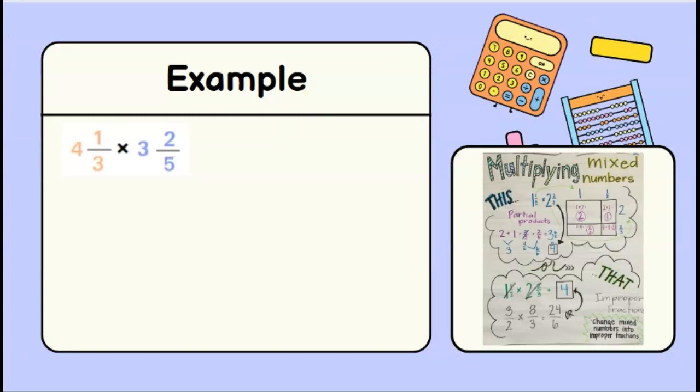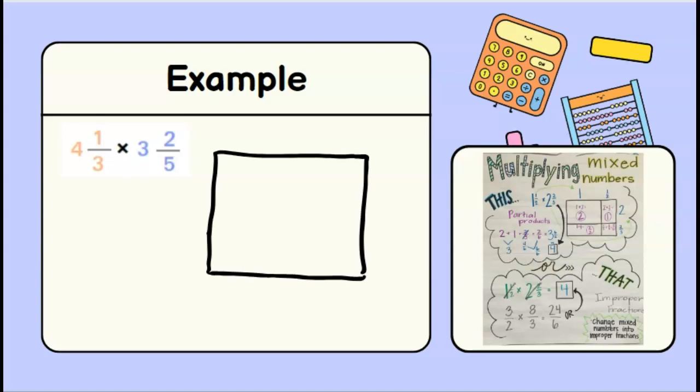Let's look at our first example. I have 4 1/3 times 3 2/5. If I'm going to use my partial product strategy, the first thing I want to do is draw a box that has 4 pieces.